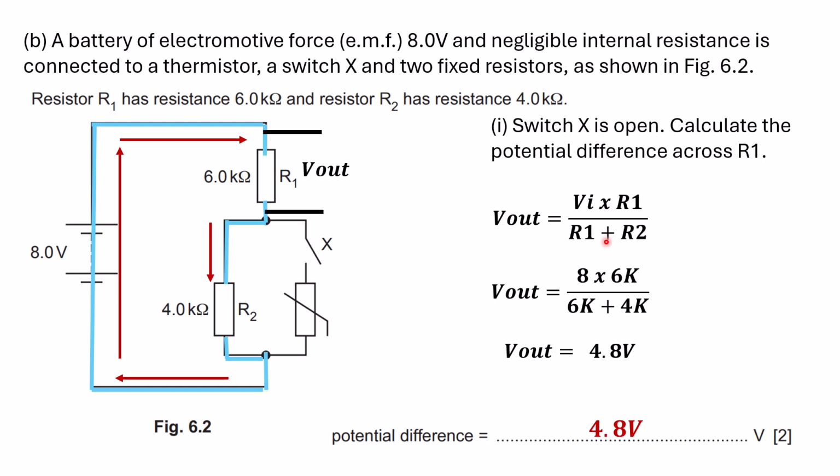That's the only reason why we can use it here, because these two resistors, or if you had more, are all in series. So then we do substitutions, and I wrote K here, but K is 1000. We can do either, and then V out is 4.8 volts.